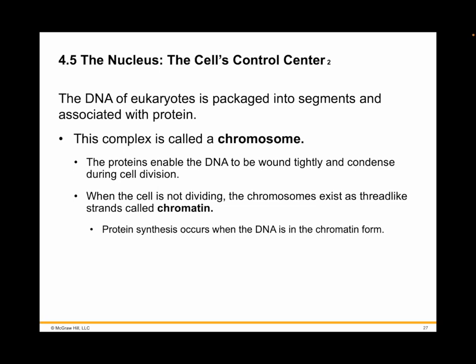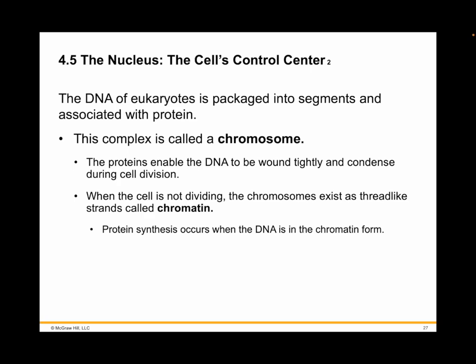After cell division, eukaryotic chromosomes uncoil and fully extend into thread-like strands called chromatin that can no longer be distinguished individually with a light microscope within the nucleus. Once uncoiled, the chromatin is available for protein synthesis. The process begins when RNA copies of genes are made from DNA in the nucleus.